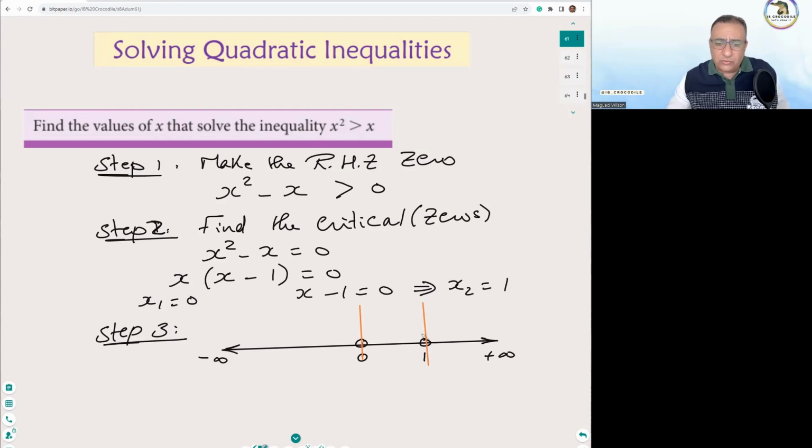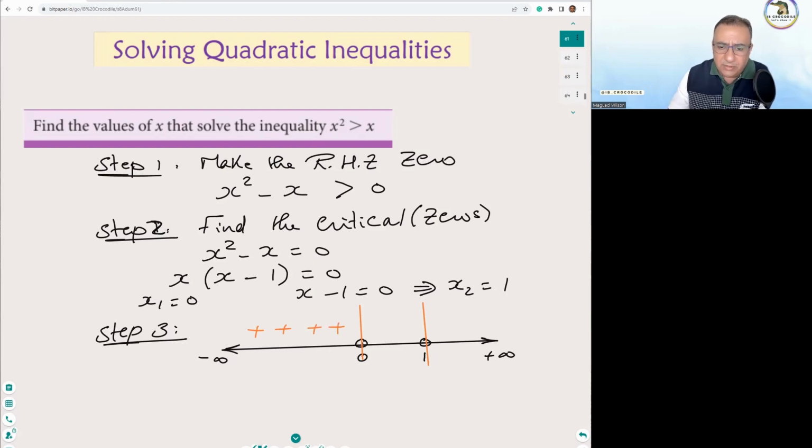Basically we need to find the sign of the inequality in each region by picking random points in that region. So back to this expression, x squared minus x bigger than 0. Let's pick a number below 0, say -1. So -1 to the power 2 is basically 1, and then minus of -1 gives a negative turned positive. So the sign here has to be positive, right?